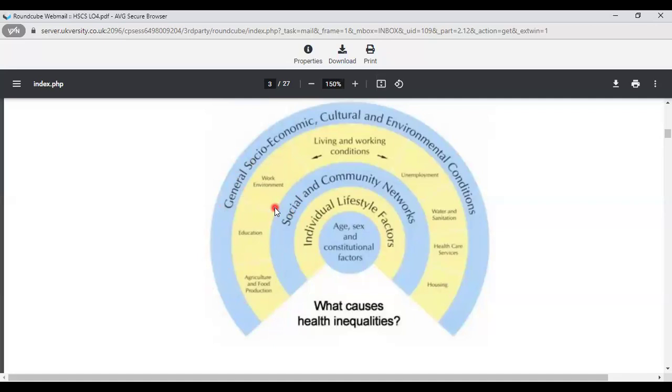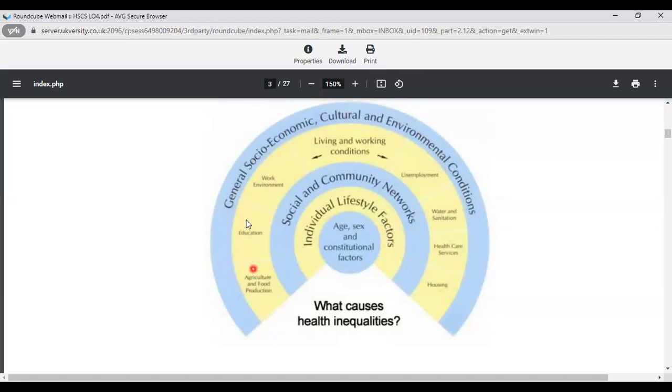That is why it's the best of the best who have the best opportunities, because that's how they've lived. That's how their path goes. Living and working conditions, employment, water and sanitation, healthcare services, and housing are the best in the best places. Then you see the general socio-economic, cultural, and environmental conditions.